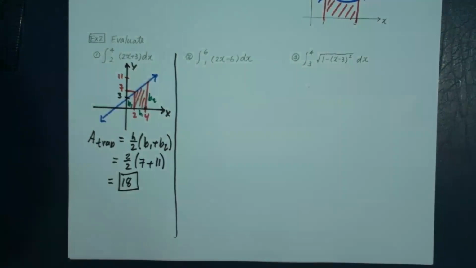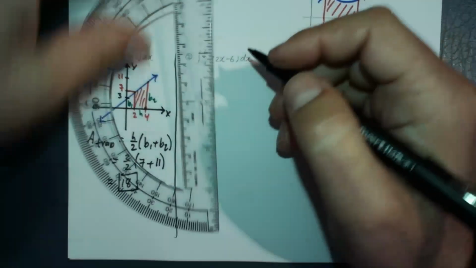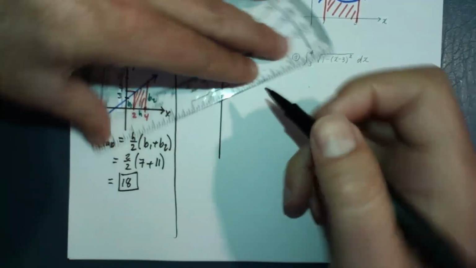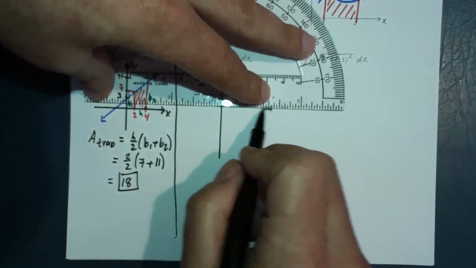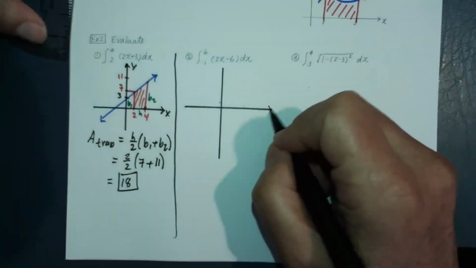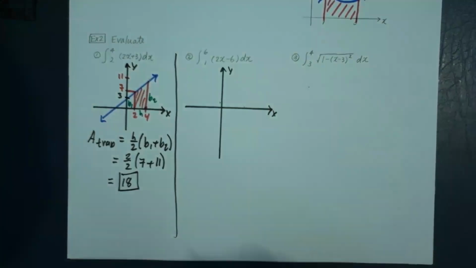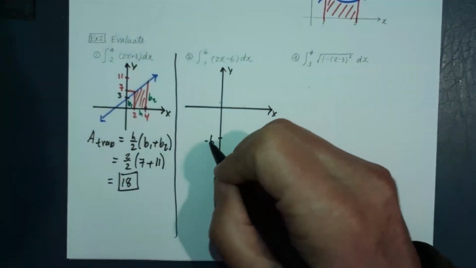Number 2, we have another straight line, but we're going to have some different characteristics with this one. This one has a y-intercept of -6.